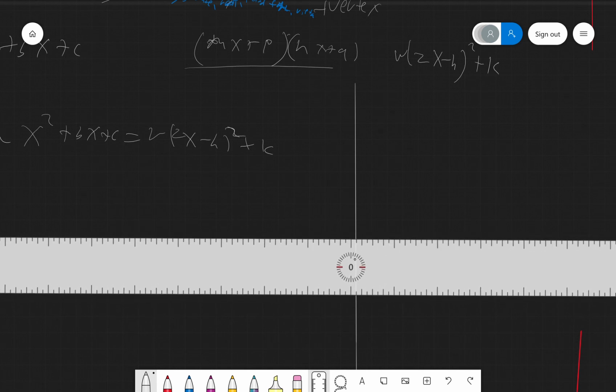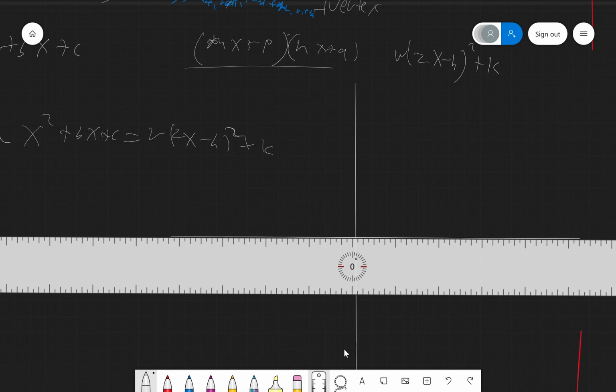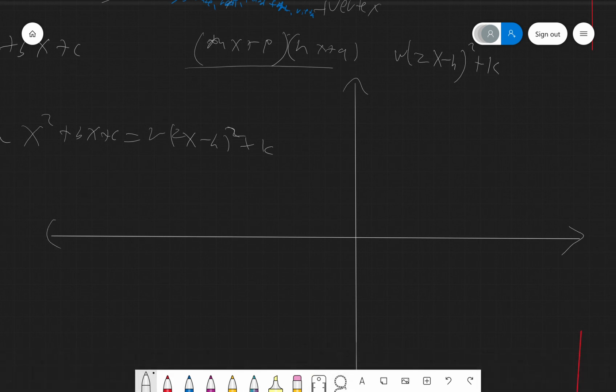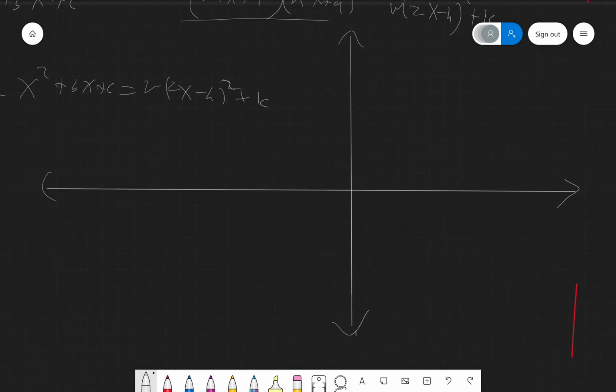Keep our graph right there. So now we have a graph, labeled of course. Now this is the x, this is the y.